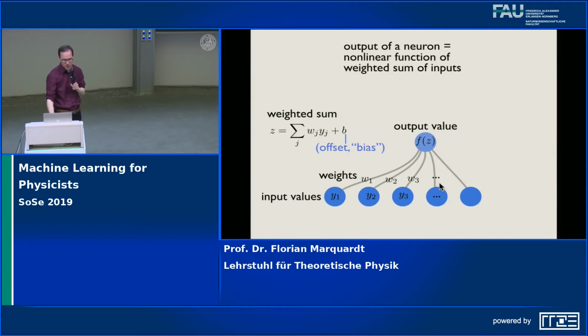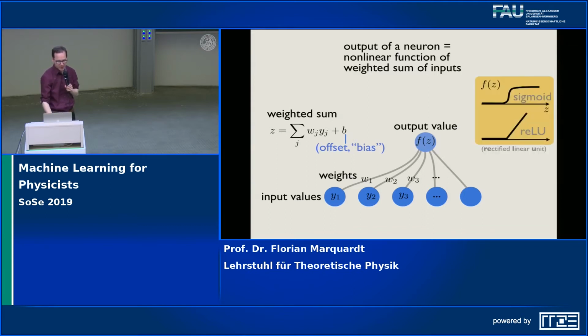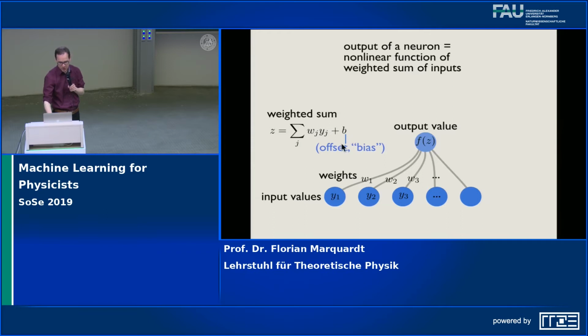And then what I want to do is, first I want to do something really simple. I want to take the weighted sum of the input values. So the weighted sum is written down here. It means multiplying each y_j input value with the corresponding w_j, which is the weight.